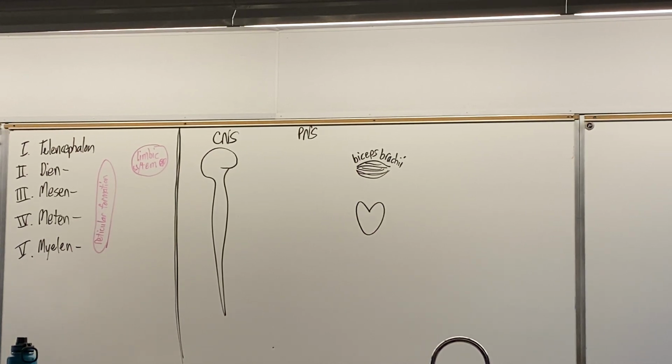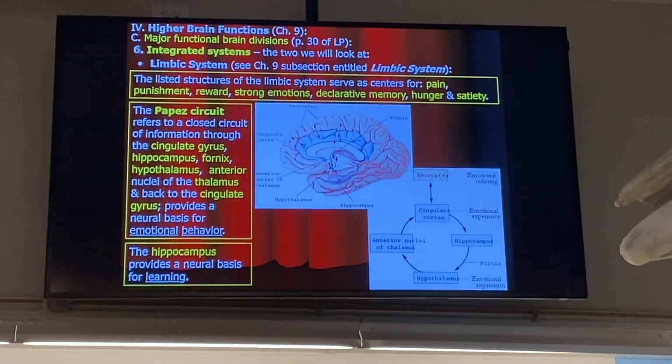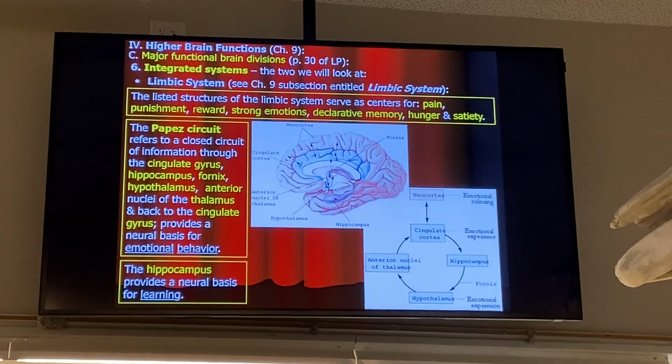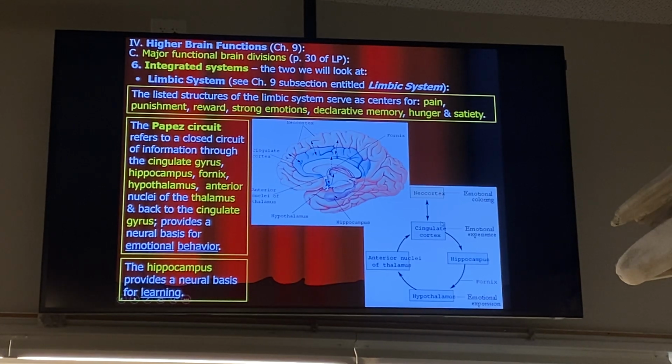Now the Papez circuit is a neurological explanation for emotional behavior, especially as it relates to these base emotions. And you can see here that it works in a circle. Cingulate cortex, hippocampus, hypothalamus, thalamus, cingulate cortex.